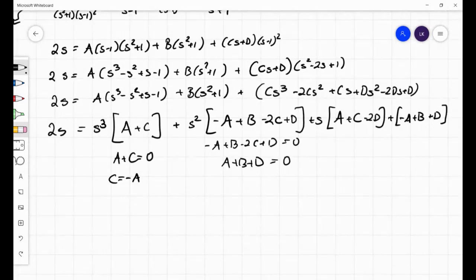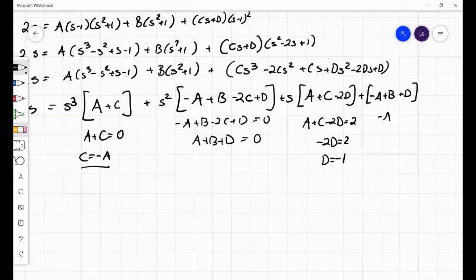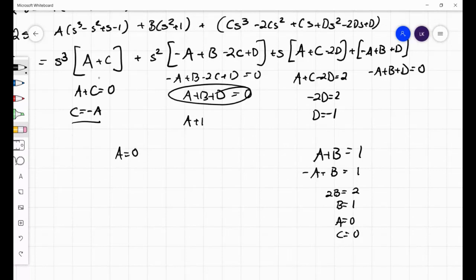So a plus c minus 2d equals 2, but c we already know is the negative of a. So this means d has to be negative 1. The constant has to be 0 as well, as the constant on the left-hand side is 0. So looking at that, we get a is 0, b is 1, c is 0, d is negative 1.